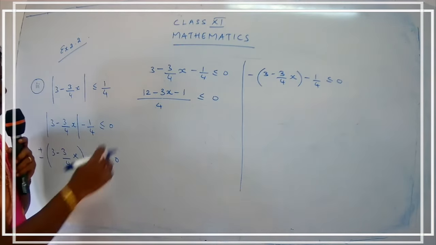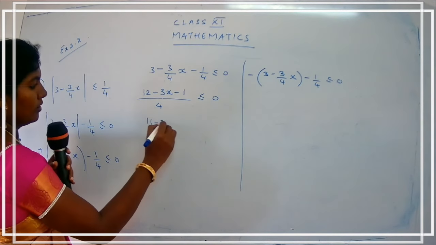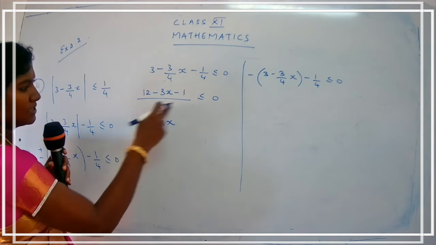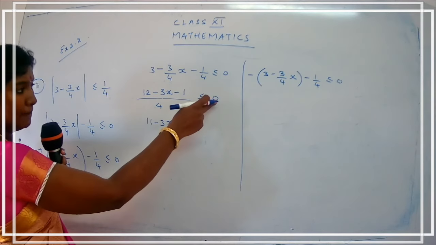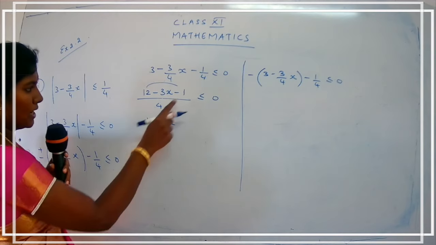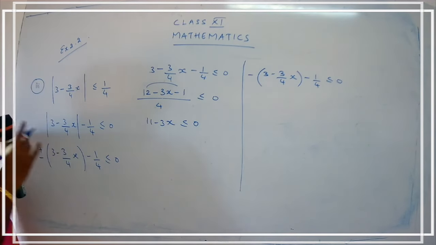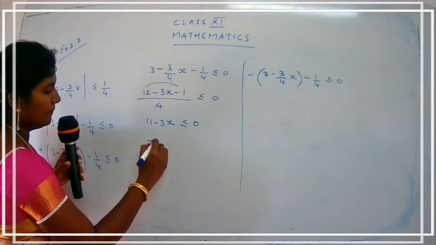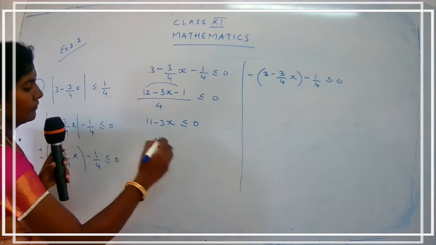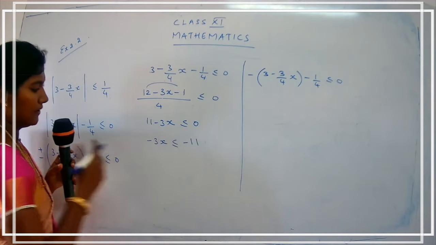This is very simple. What do you get for 12 minus 1, children? It's 11 minus 3x upon 4. Upon 4, what happens? It goes to this side, gets multiplied and it becomes 0.